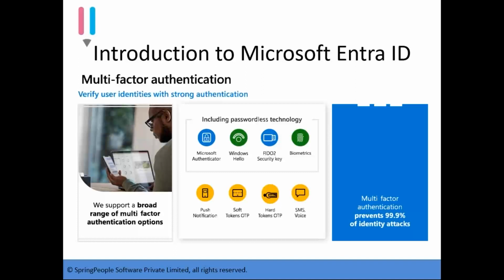Then additional features are coming in multi-factor authentication, where you can use soft tokens or hard devices, which will give you a unique code which you can use. So you can make it more secure by using multi-factor authentication, especially based on the roles or the authorizations you are providing to the users. You can add a certain amount of multi-factor authentication based on the needs of the company.